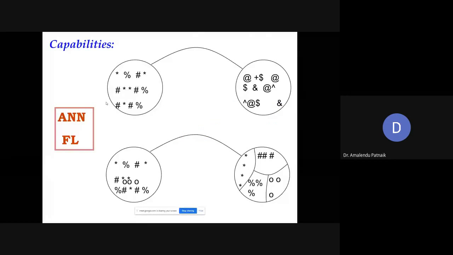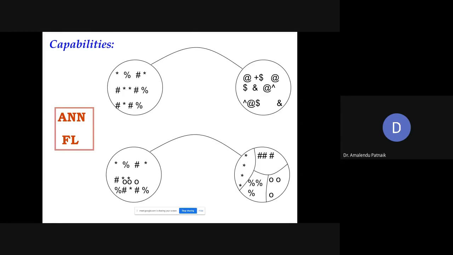So techniques like ANN and fuzzy logic, they can solve these two types of problems. The first one is, suppose you have a bunch of data, and corresponding to each data you have a corresponding output, and you don't have an idea about the relationship between this input and output data set.